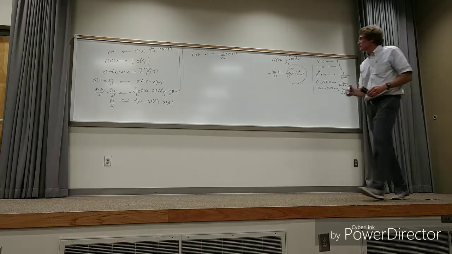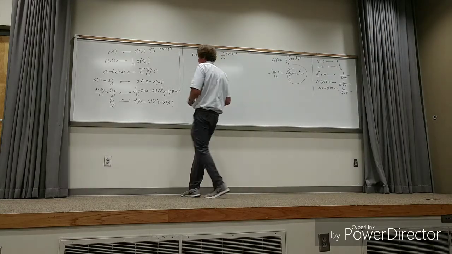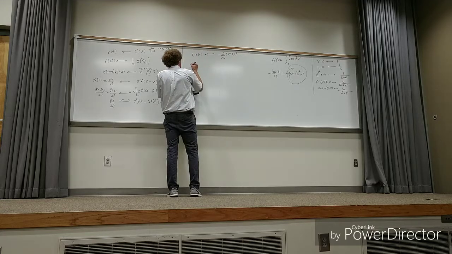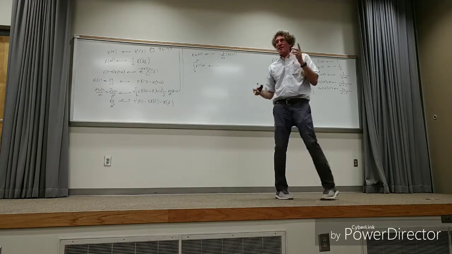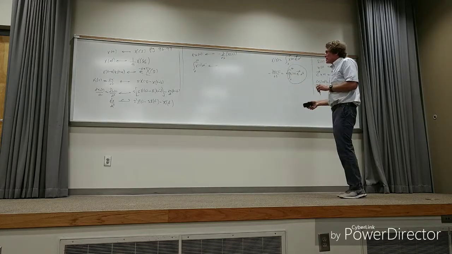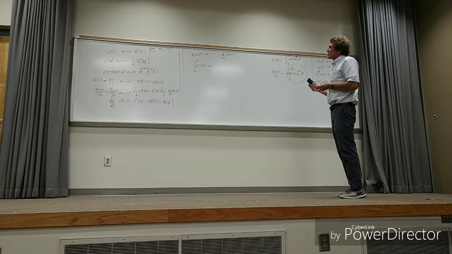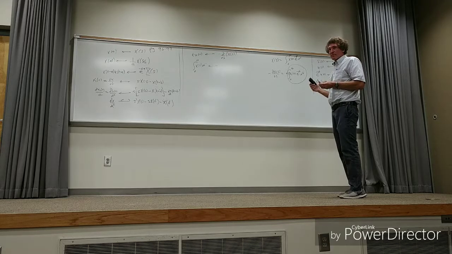Got some more. Well, for integration, I should have probably done this one right after that. If I have the integral of x of t prime dt prime from 0 to t, now, if you do this one, let me just tell you this. You see, I want the Laplace transform, is that correct?